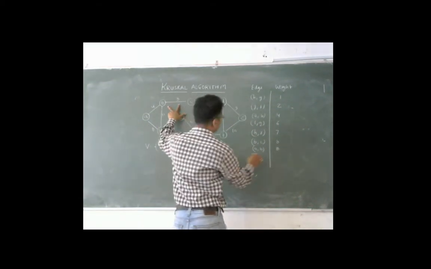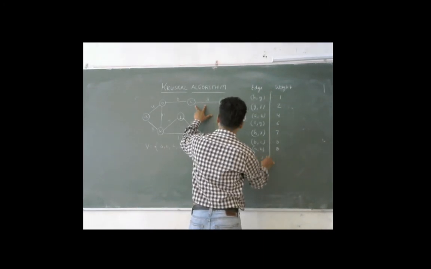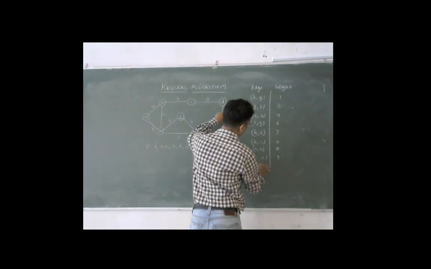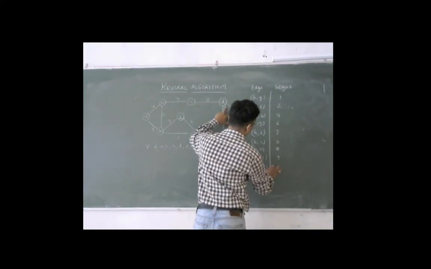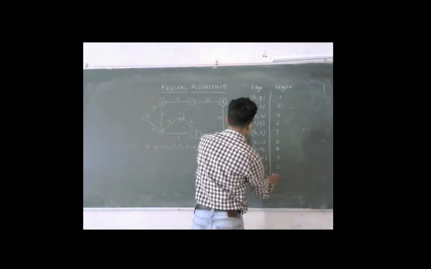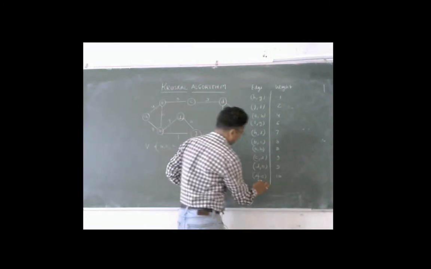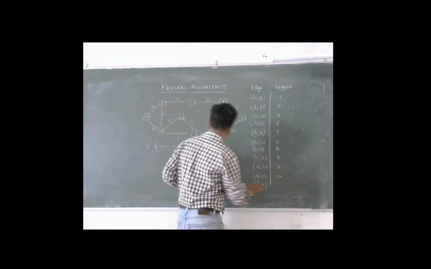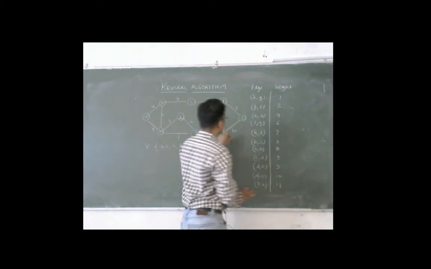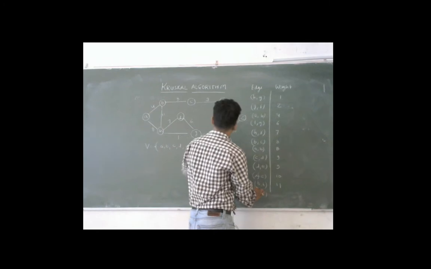Next, BC and CD of weight 9, and EF of weight 9, and finally DE of weight 10, BH of weight 11, and at last DF of weight 14.